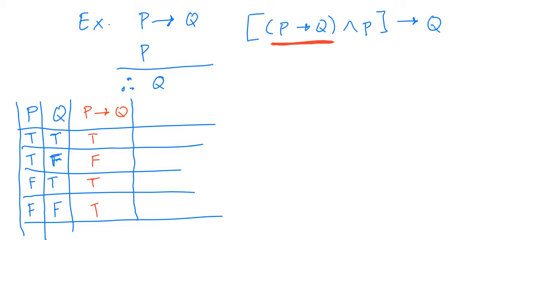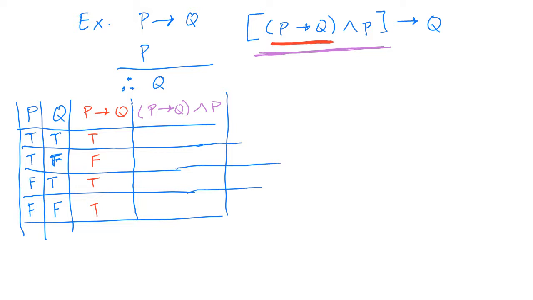Okay. Next, we're going to evaluate the whole expression here, which we have that and connective. Let's extend our truth table. So we're looking at the third column and the first column.